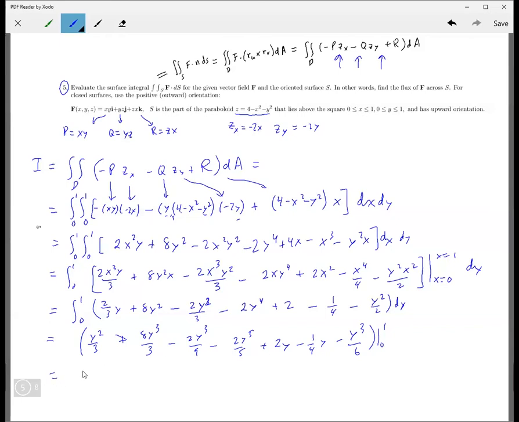Okay, so this becomes 1/3 plus 8/3 minus 2/9 minus 2/5 plus 2 minus a fourth minus 1/6. And I just threw it in the calculator and came up with 713 over 180.